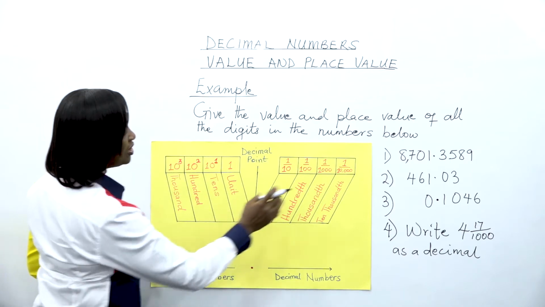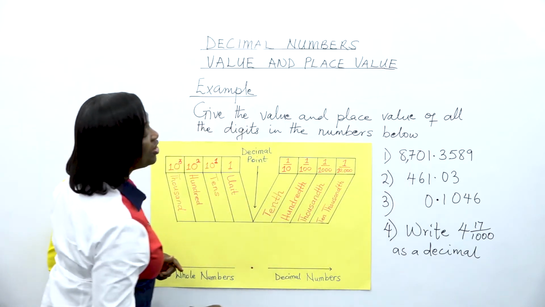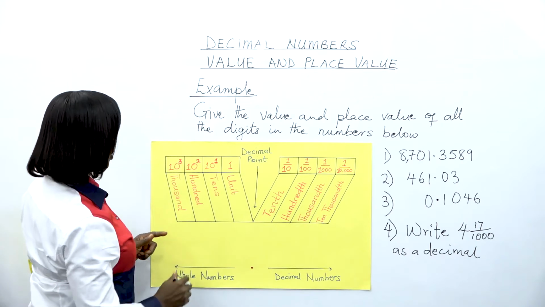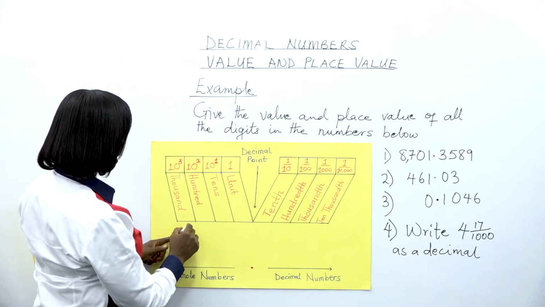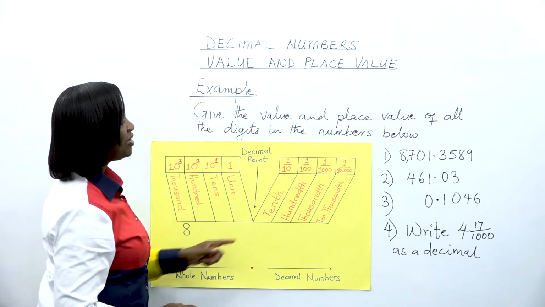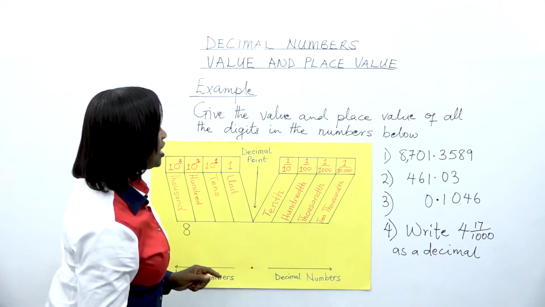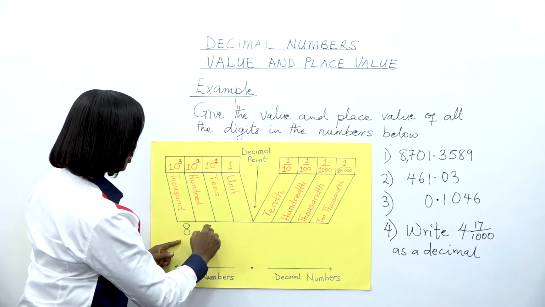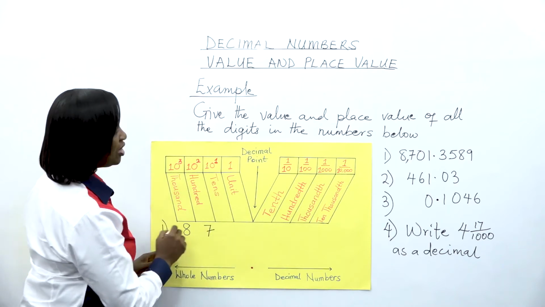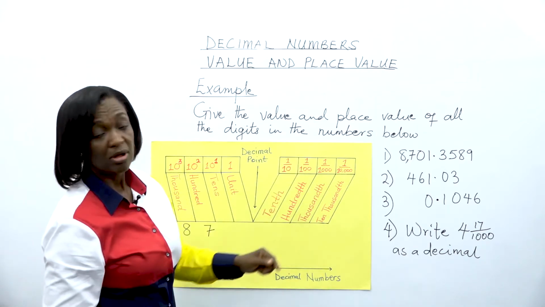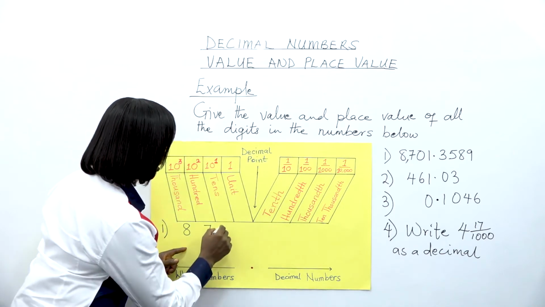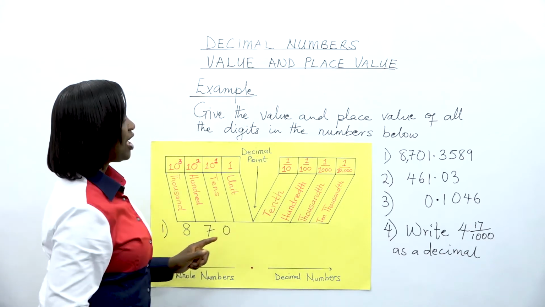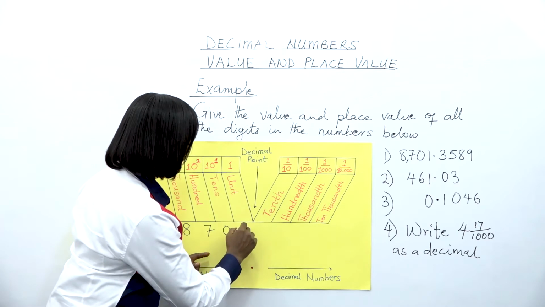So the value of the 8 is 8,000. So it comes under the thousand column. The value of the 7 is 700. The value of the 0 is 010. The value of the unit is 1.